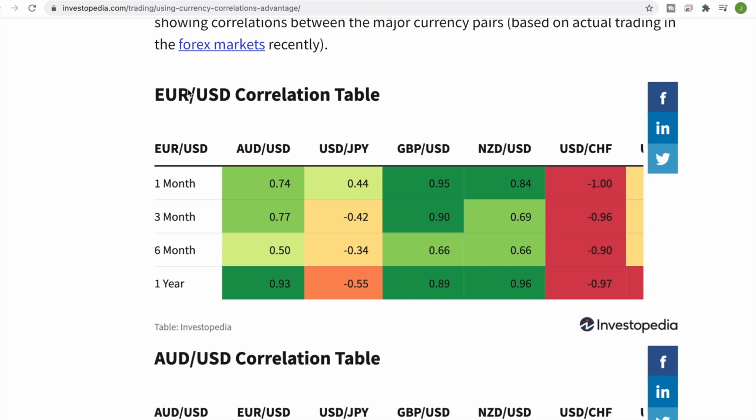I then had confirmation when I was doing a bit of searching, and I found this web page. It shows the correlation of each major pair to euro dollar, and we can see that the Swissy compared to euro dollar is very negatively correlated, which is pretty obvious from looking at charts.